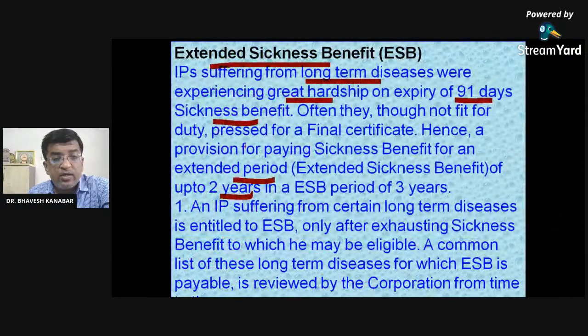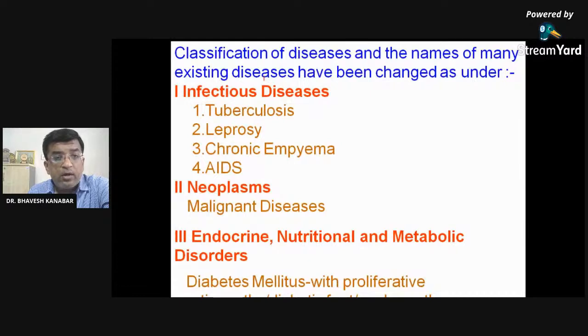So here there is a list of certain 34 diseases which are covered under extended sickness benefit. I will not be going through all the diseases, just generally tuberculosis, leprosy, AIDS, right? Malignant diseases, endocrine disease, diabetes with DM, not simple DM, with retinopathy or diabetic foot or nephropathy, right?